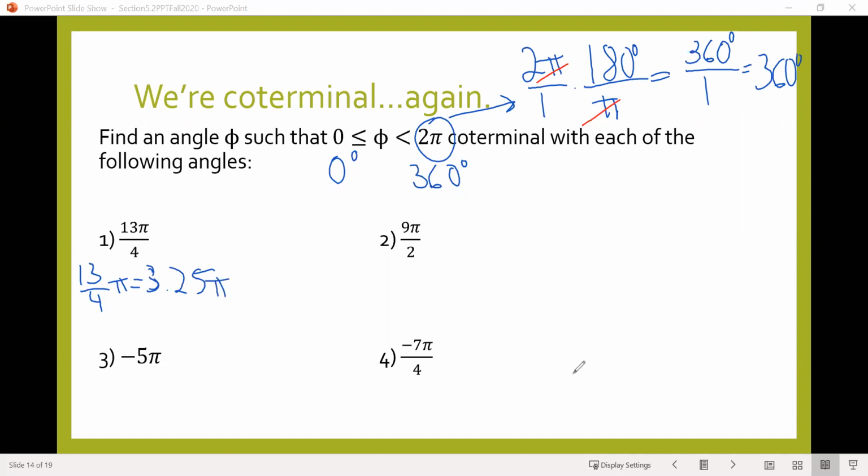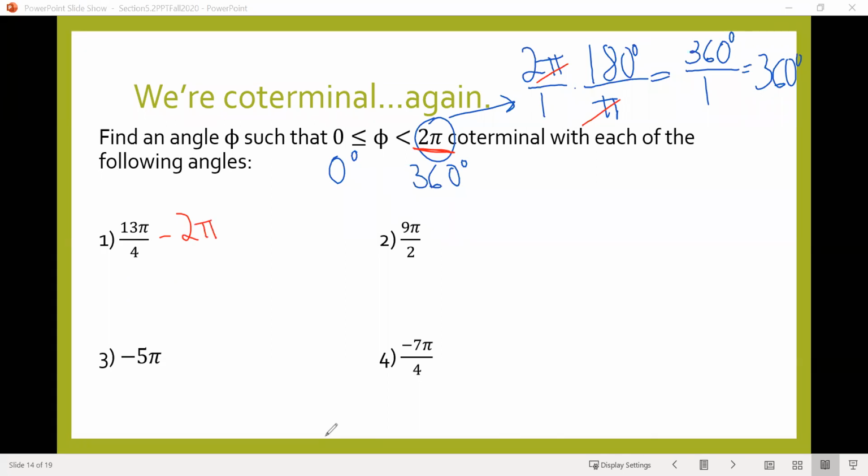And notice from that point of view, we have a 3.25 pi. That's going to be bigger than 2 pi, right? So because the measure of this angle is bigger than 2 pi, what are we going to do to find an angle that is coterminal with 2 pi? That's right. Again, we're going to subtract 2 pi. We're going to do this with fractions. We're not going to use any decimals or anything.